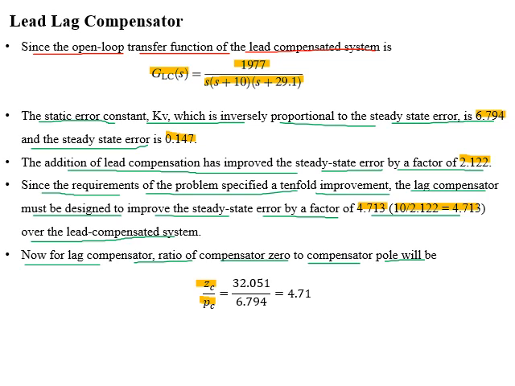The ratio of compensator zero to compensator pole is equal to the ratio of the static error constant of the required error to the static error constant of the lead compensated system, and this will be equal to 32.051 divided by 6.794, which equals 4.71.